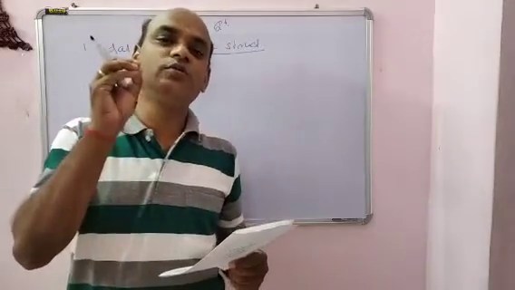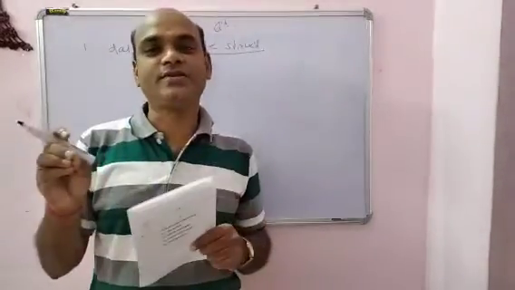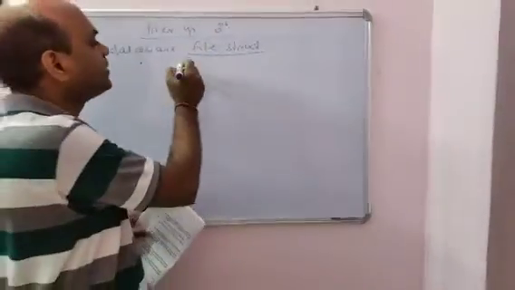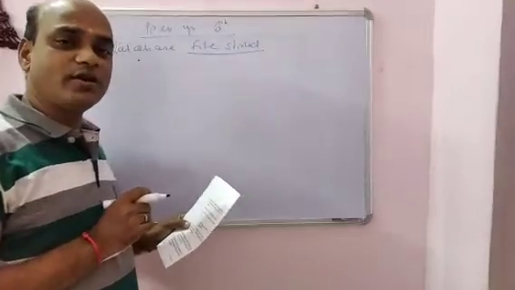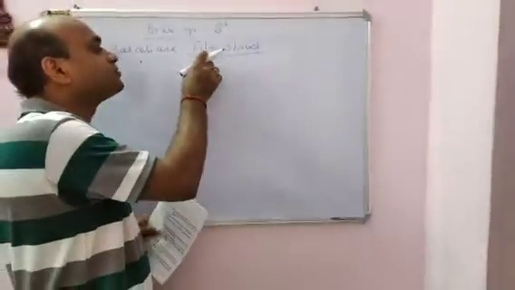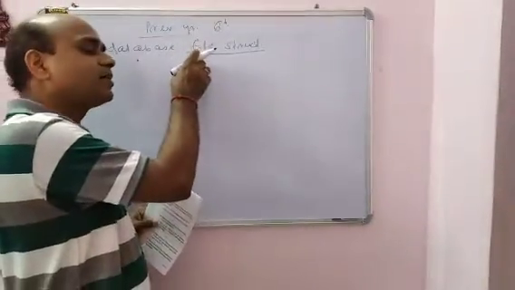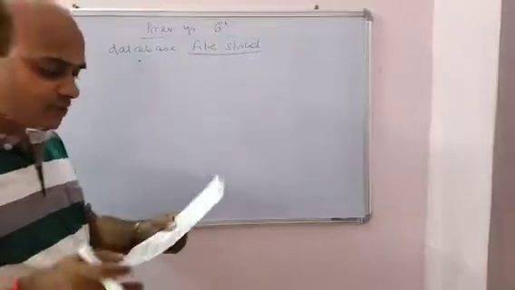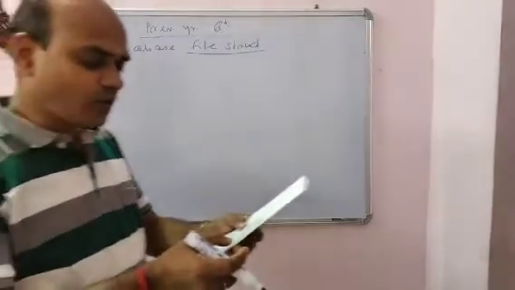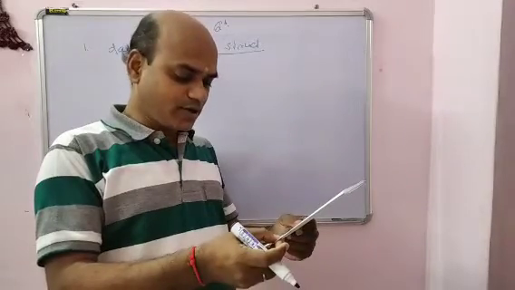You have to write here very briefly with their advantages and disadvantages. Write the sequential file organization with advantages and disadvantages, then index sequential file organization with advantages and disadvantages, and hash file organization with its advantages and disadvantages. Because this question carries 20 marks.